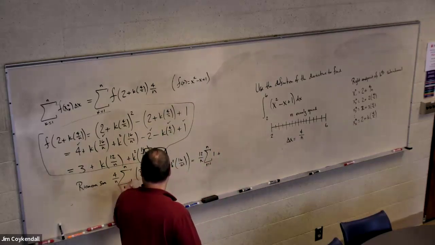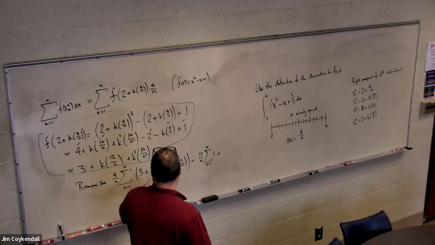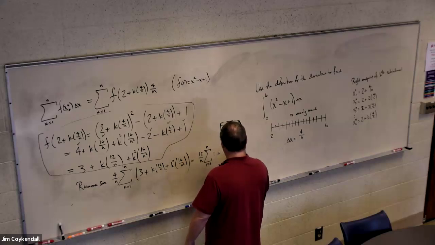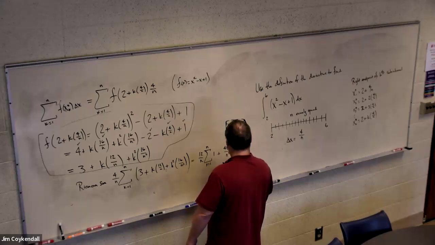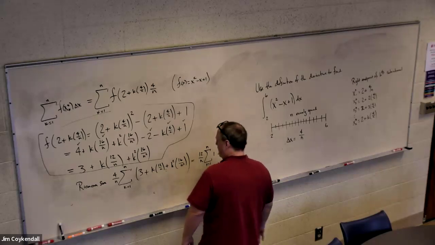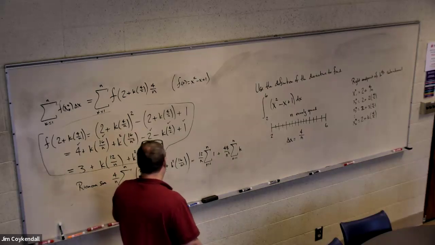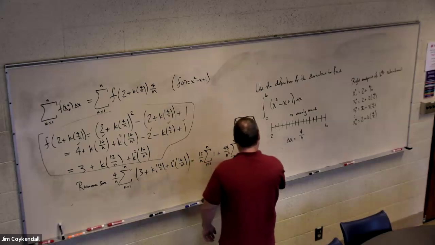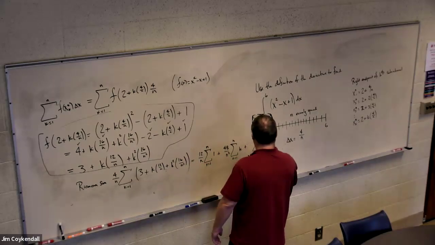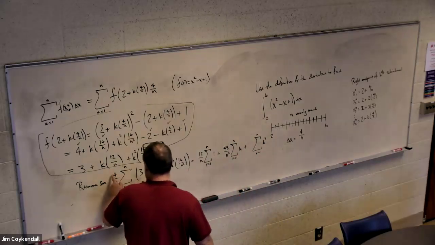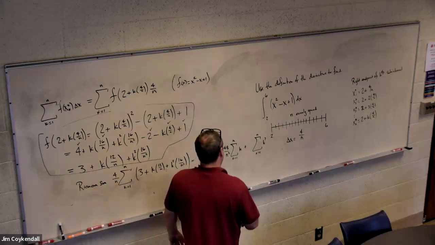So I'll take this first sum, pull 3 out. Second one, I'm gonna pull a 12 over n out. So 48 over n squared, sum of k. And the last sum, you can only k squared, I'm gonna pull out 16 over n squared. It's gonna be 64 over n squared.